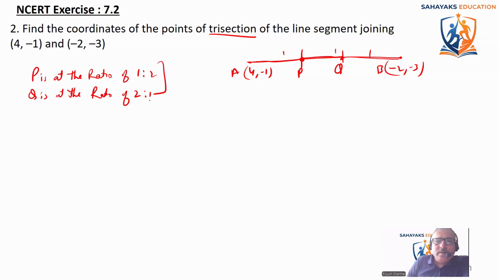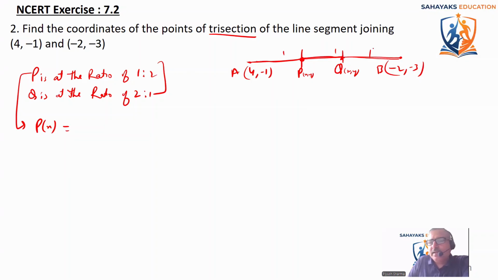Now, let's find the value of P here. What is the value of Px? I just say X and Y, and this is also Qx and Qy. Okay, so Px is equal to m1 x2 plus m2 x1. So we have the ratio 1:2.